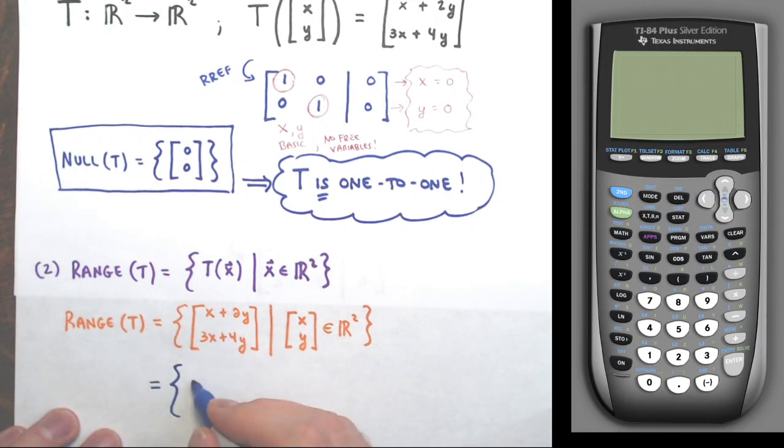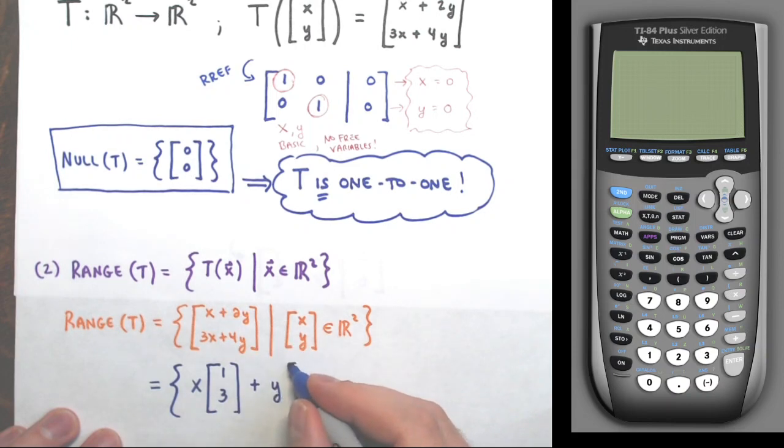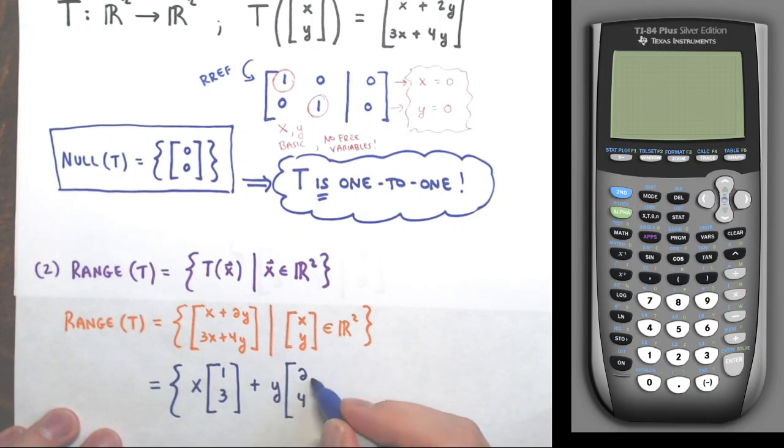So I could split this up into x multiplied by the vector with the coefficients of x, 1, 3, plus y multiplied by the vector with its coefficients 2 and 4. And that's just another way of writing this output vector, as x times the vector 1, 3 plus y times the vector 2, 4, as long as x and y are coming from the real numbers.